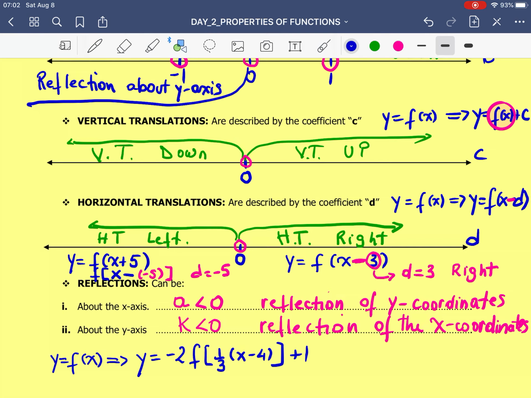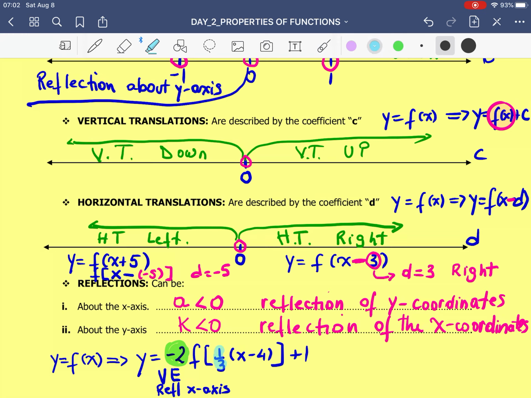We're going to say that if a is negative 2, I will highlight it instead, and a of negative 2 causes a vertical expansion 2 times taller and a reflection about the x-axis.